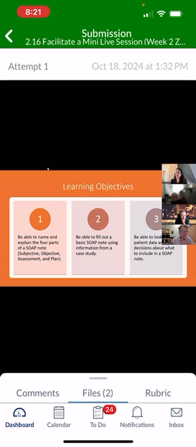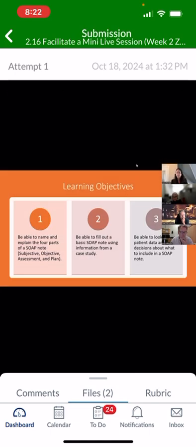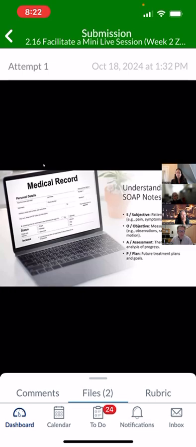The learning objectives today: we're going to be able to define the key components of a SOAP note, fill out a basic SOAP note using a short case study, and analyze the patient's performance, suggest modifications for the SOAP note, and make decisions about what to include in it.